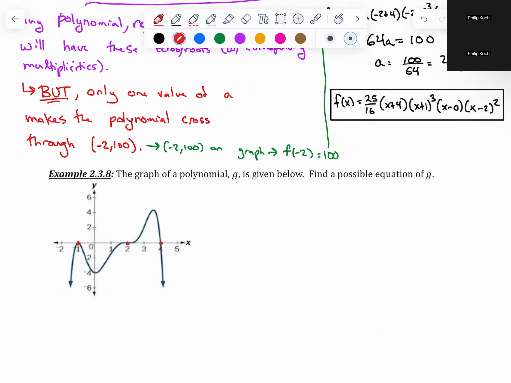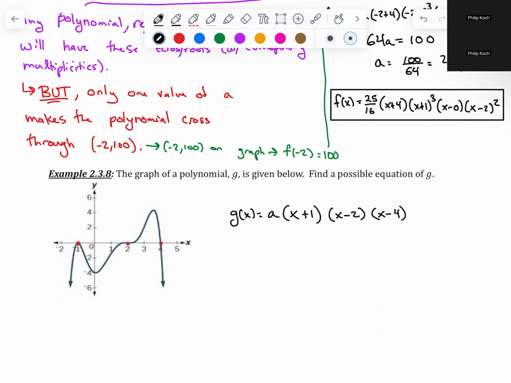So we know that g of x will equal a times x plus 1, then leave a little space and write x minus 2, leave a little space and write x minus 4. We know that those are the zeros, so that is correct. Those are the factors that are present in G.